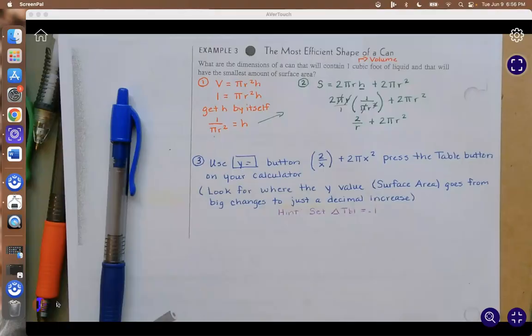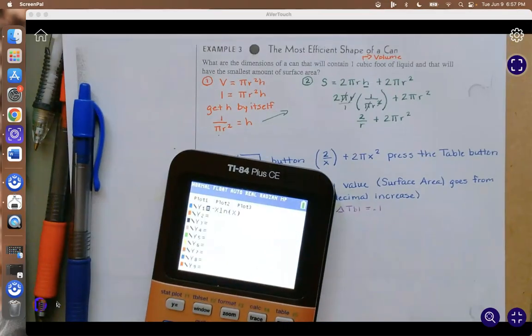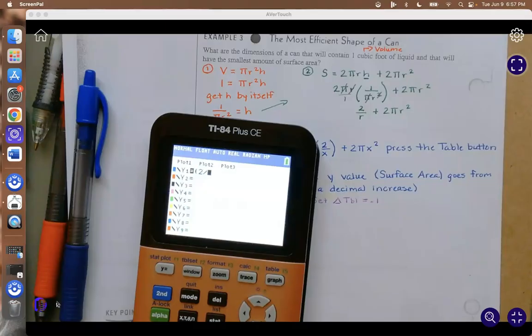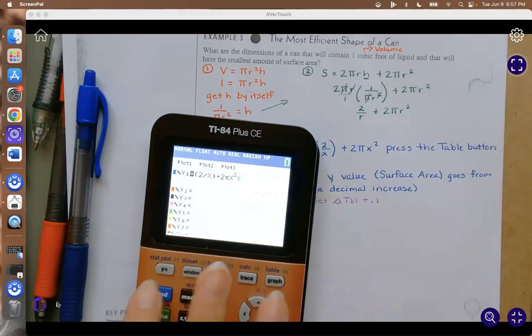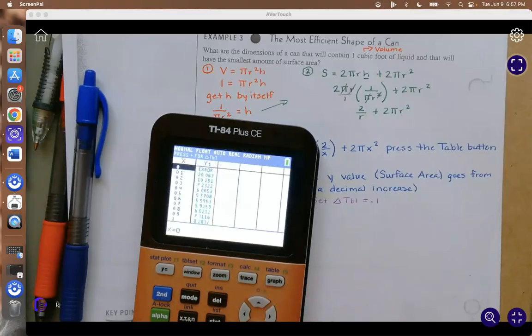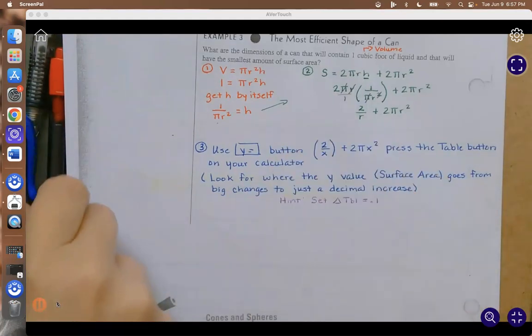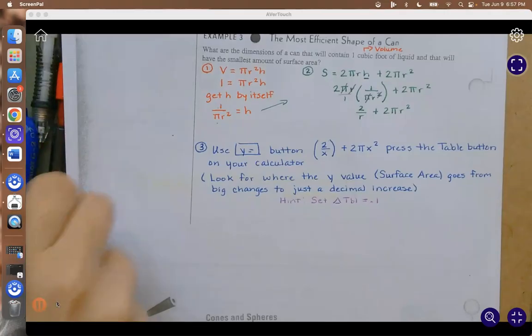Okay, and what you're going to see when you type that in, so when we go to y equals, and we type in 2 over x plus 2 pi x squared, and we go to table, look at your table set, we want the table change to be 0.1, so go to table, and where you're going to see it go from big changes to just a decimal change is right here, between 0.5 and 0.6.